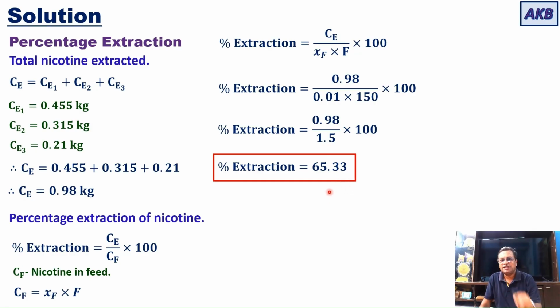Therefore, percentage extraction of nicotine that is obtained in this three-stage cross-current operation is 65.33. So with this, I end my discussion for this numerical. At the end of this numerical, we have got percentage extraction in a three-stage cross-current operation.